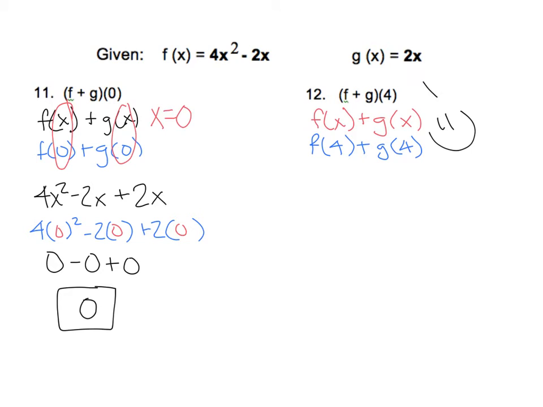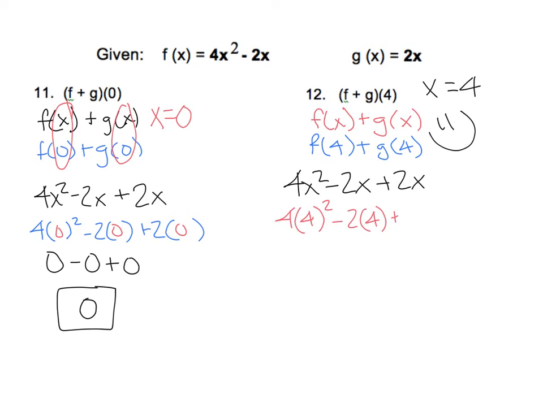So what we are going to be doing is plugging in the value of 4 for our x. So let's write this all out. You got 4x squared minus 2x plus 2x, okay? And we're going to substitute in 4 for the x value.